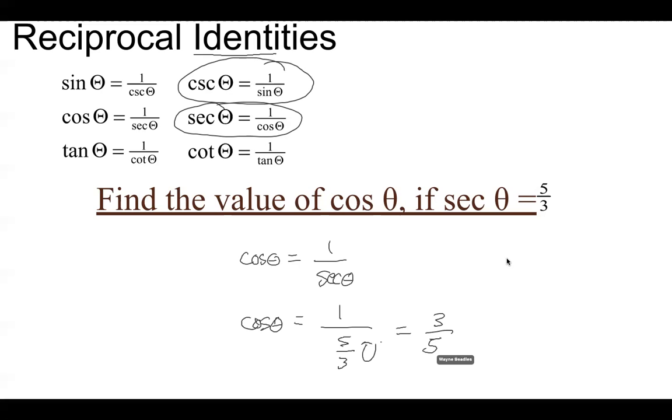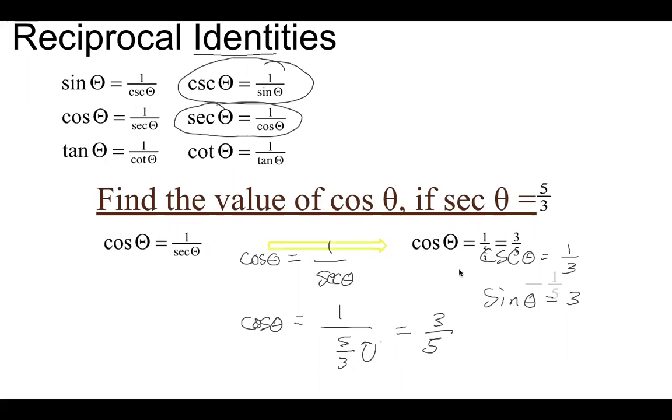So if we had, I don't know, cosecant theta being 1/3, then sine theta would be 3. It just flips it over. And so, kind of an important idea here, because it allows you to come up with the other trig function fairly fast. So those are some terms that we would have.